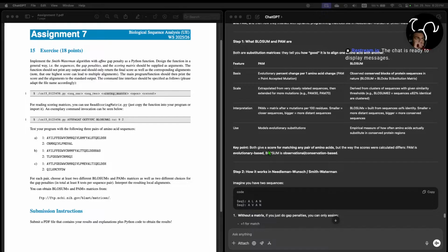Key point: both give a score for matching any pair of amino acids, but the way the scores were calculated differs. PAM is evolutionary based, BLOSUM is observational or conservation based. Then what's PSI-BLAST and normal BLAST?